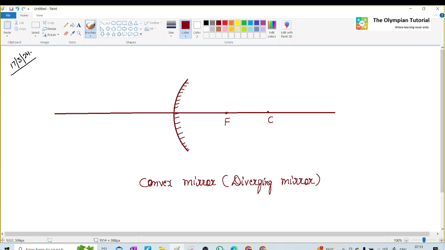Diverging means the opposite of converging. Thanya, can you tell me, diverging means? Diverging means spread, फैलाना. Concave mirror is converging, contract. Diverging, spread.